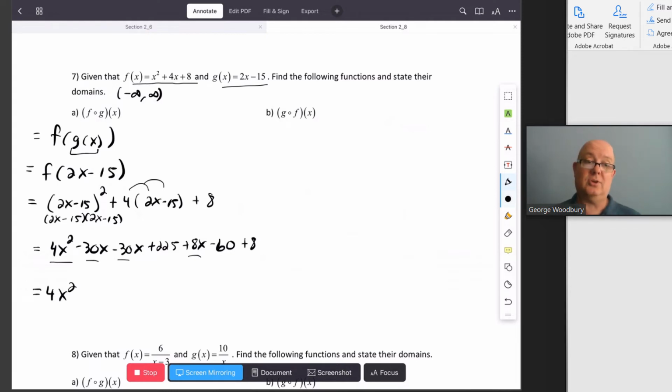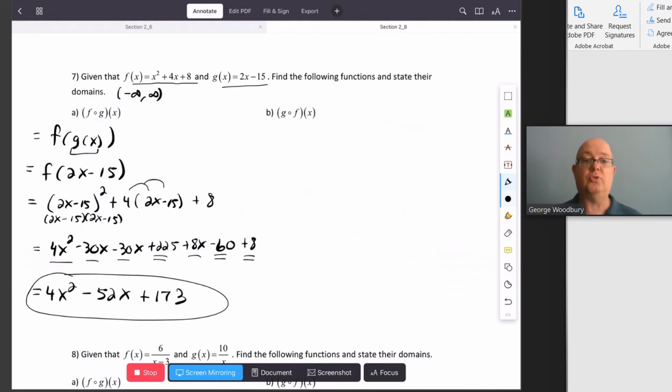Negative 30 minus 30 is negative 60, plus 8 is negative 52. So minus 52x. And then finally, for the constants, 225 minus 60 plus 8, that is 173. And there's your composition of those two functions in that order.